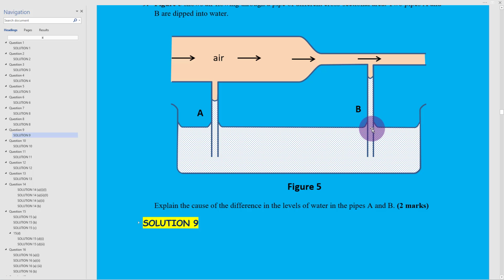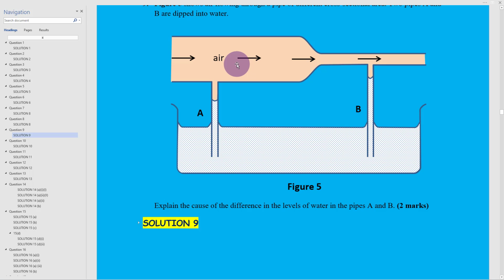The fact that this column of water rises that high shows that the pressure at this point is lower than the pressure at this point. The pressure difference between the 2 points is what supports this column of water.